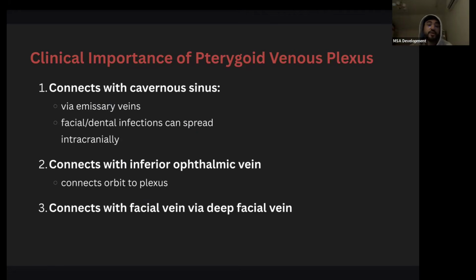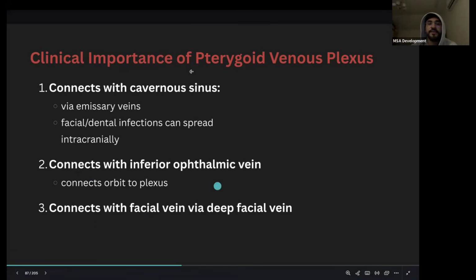Okay. It also connects with the inferior ophthalmic vein. So it connects the orbit to the plexus. So again, any infection could ascend there. And it also connects with the facial vein through the deep facial vein. All right. So these are basically the clinical relevance.